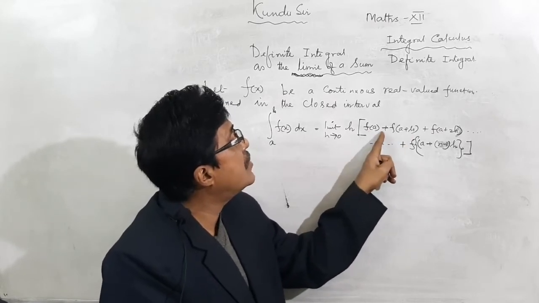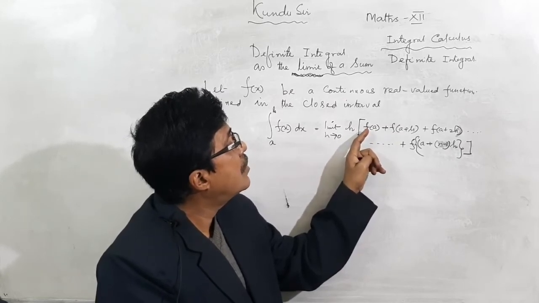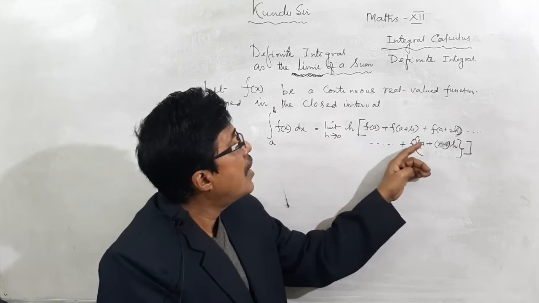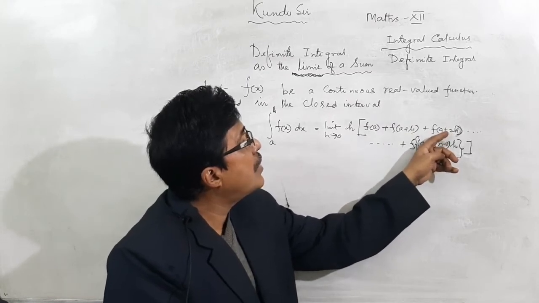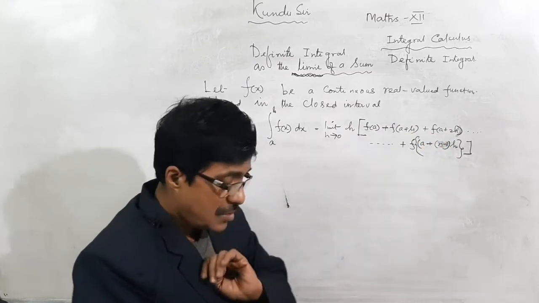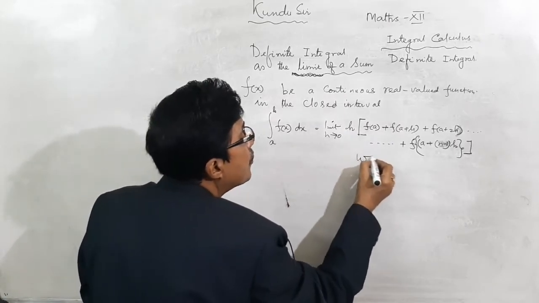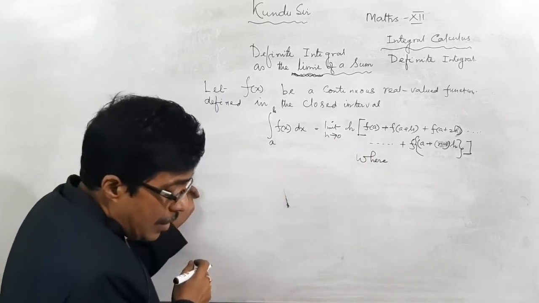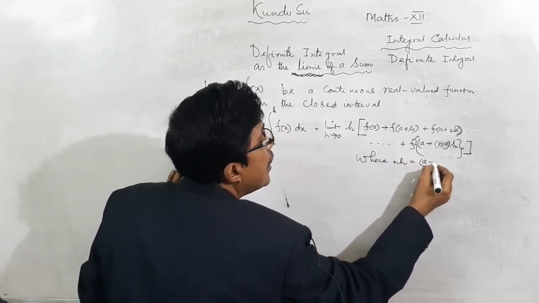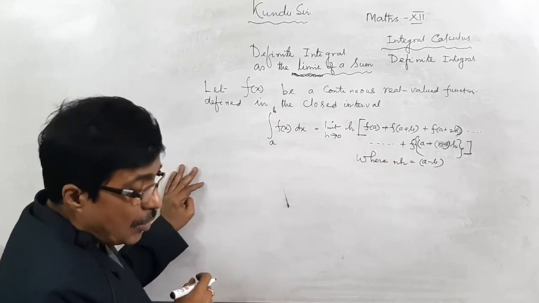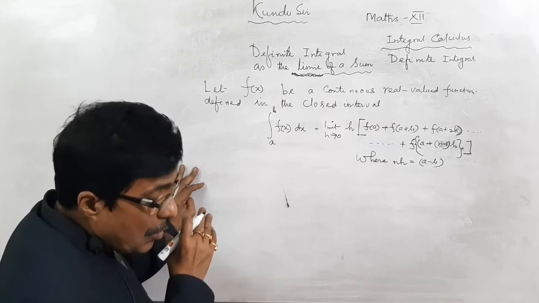You could arrange it: 1 minus 1, 2 minus 1, 3 minus 1, n minus 1. So that is where nh equals b minus a, and h equals (b-a) by n.